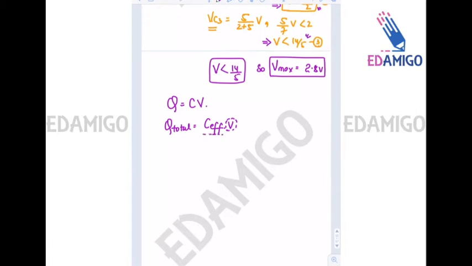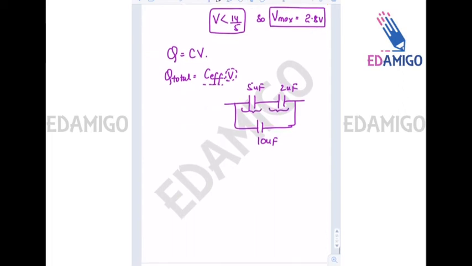We will find the effective or total capacitance of the circuit. This is 10 microfarad, this is 5 microfarad, and 2 microfarad. Since these two capacitances are connected in series, their equivalent will be 5 into 2 divided by 5 plus 2 microfarad, in parallel with 10 microfarad.